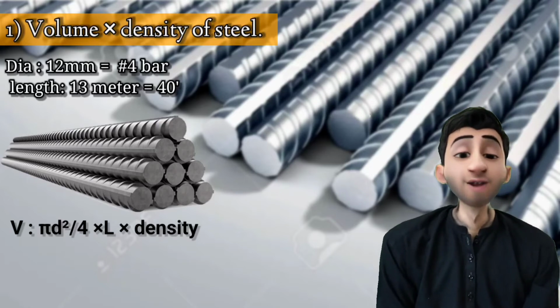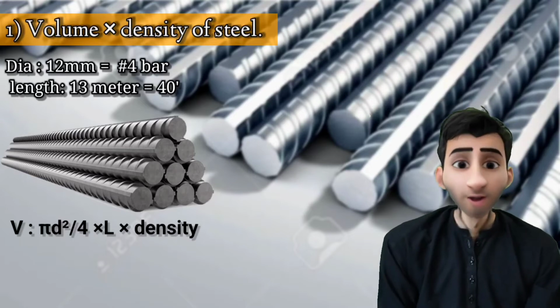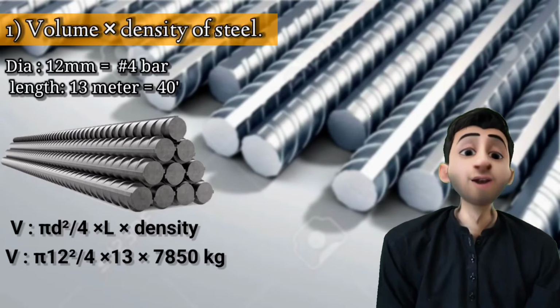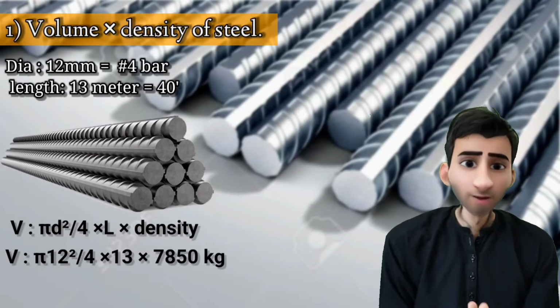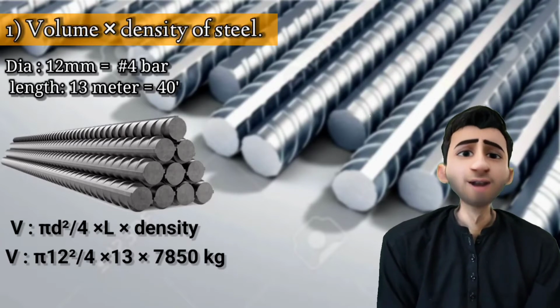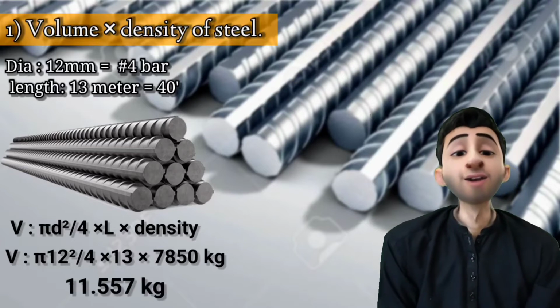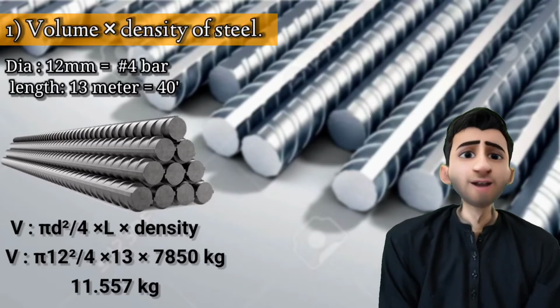Putting in the values: pi times 12 square divided by 4, multiplied by 13, because 13 is the length of the steel bar, and then multiplied by the density, 7850. That will equal 11.557 kg.